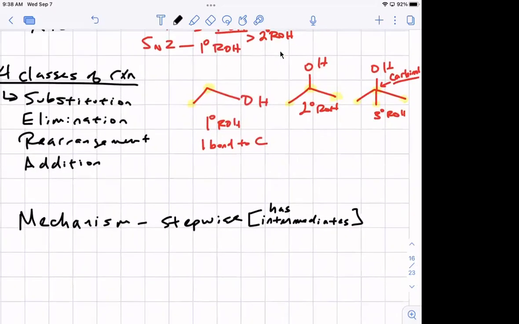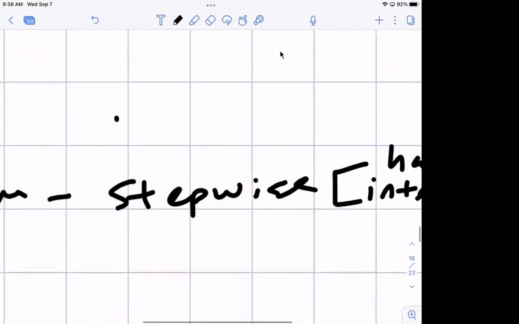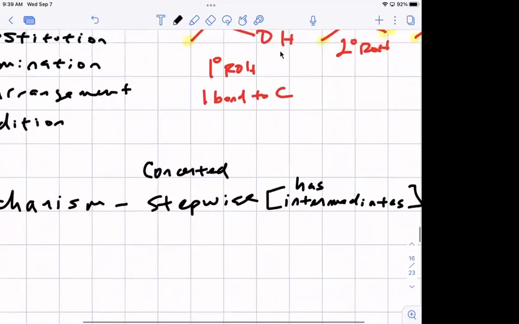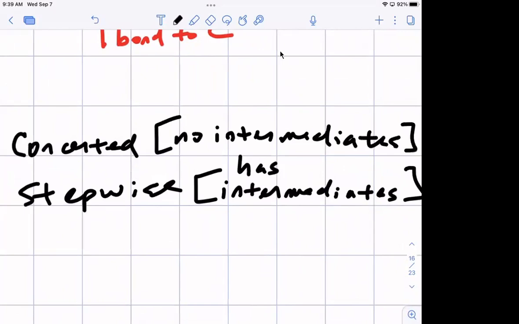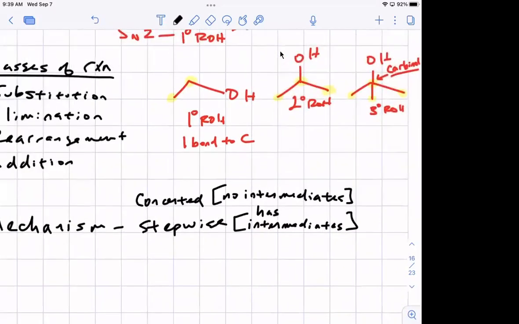What's the other type of mechanism from part one? The other type is concerted. There are no intermediates. You go straight from reactants to products. Anybody remember what a concerted mechanism looks like in terms of an energy diagram?